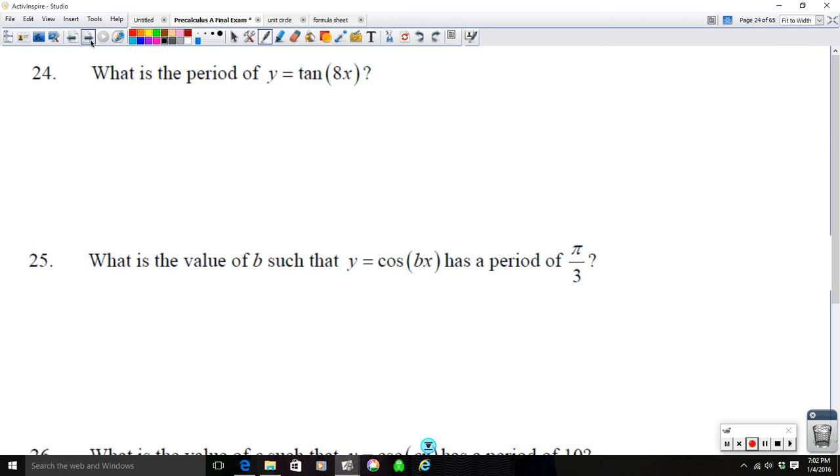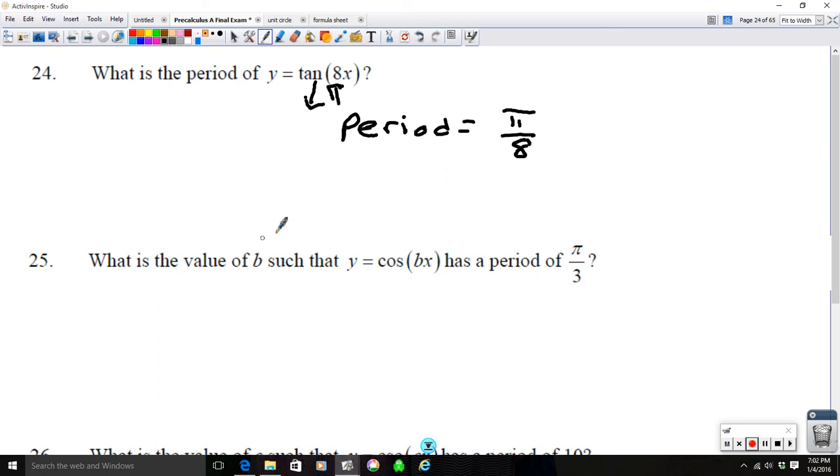Now, question 24, the period of y equals tangent of 8x. Since tangent's period is pi, our period is going to be equal to pi divided by the value here, which is 8.